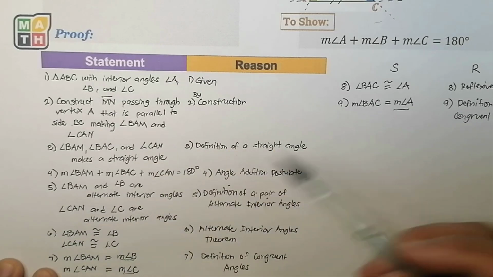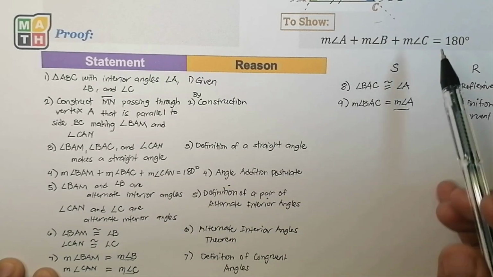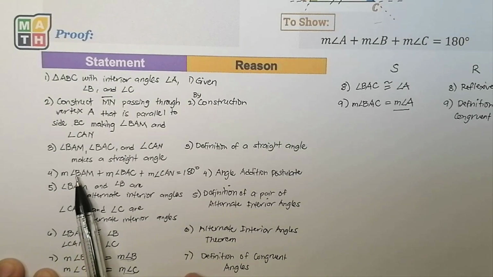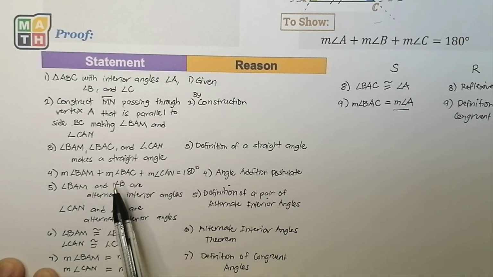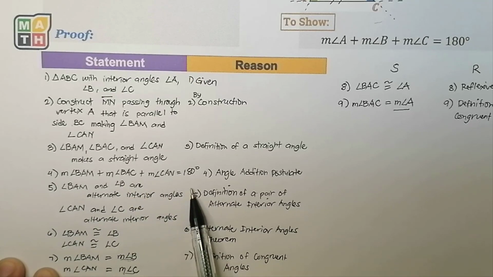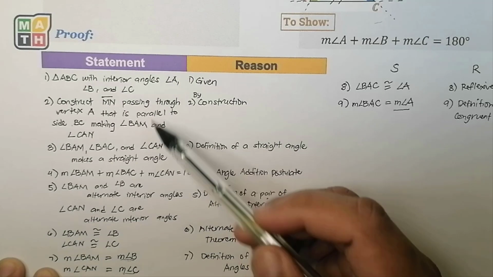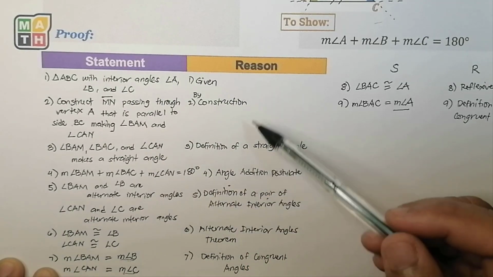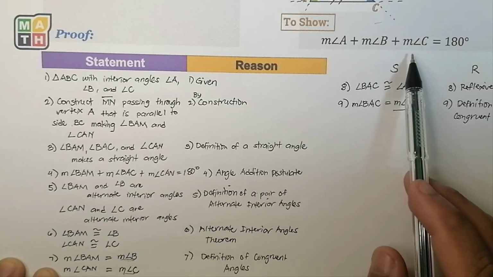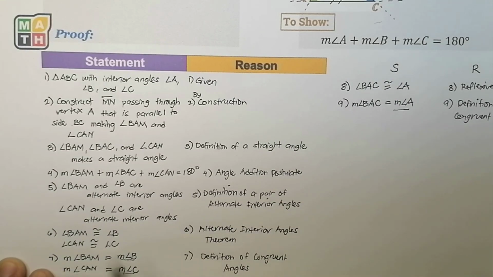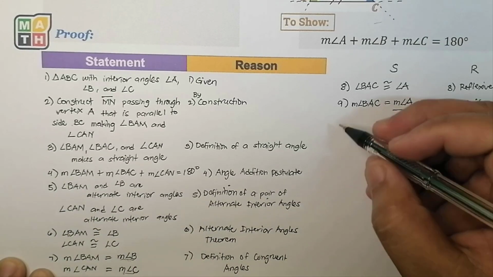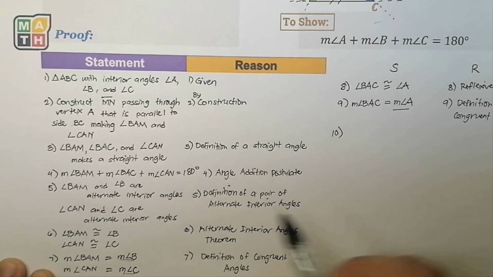However, from statements 1 to 9, there's only one statement that includes 180 degrees, and that's statement number 4, which tells us that the measurement of angle BAM plus the measurement of angle BAC plus the measurement of angle CAN is equal to 180 degrees out from the first 3 statements and corresponding reasons. Still, we are closer to this since we have statements number 7 and 9 that can help us connect statement number 4 to this statement number 10.